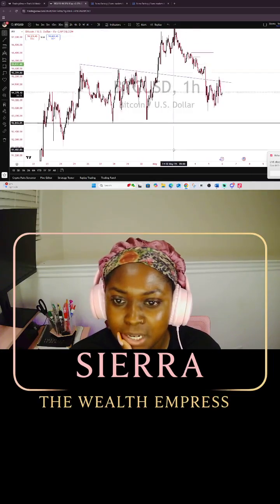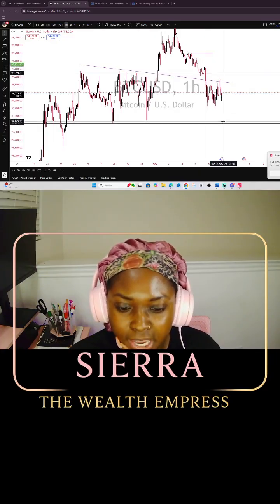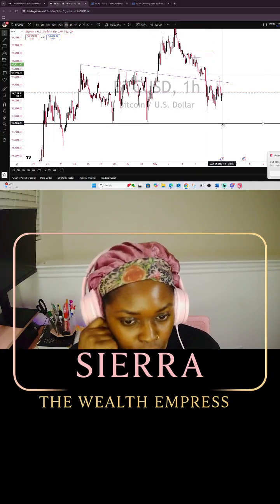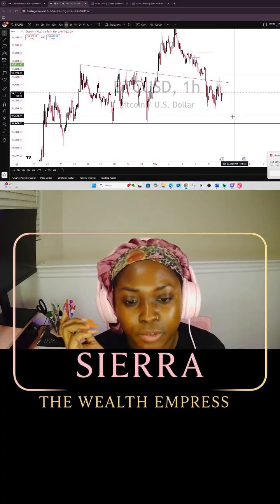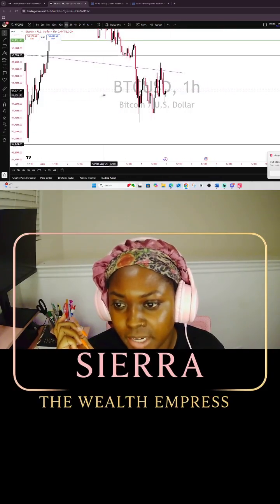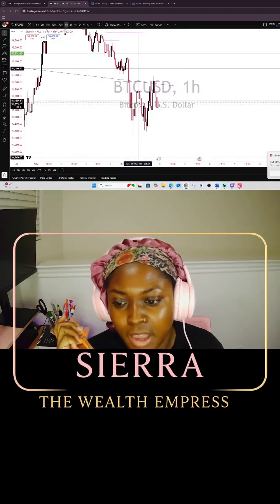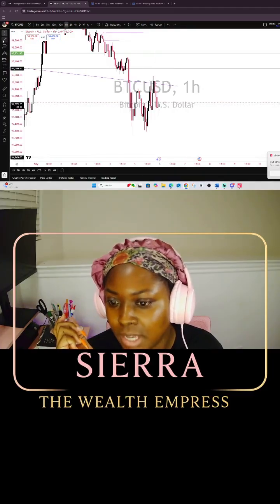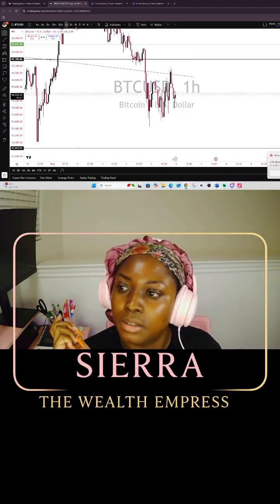It would definitely be nice to see price come back and fill this gap, and then take it down to last week's low. And this pattern right here, this is what you call an upside down flag, right? So you have your flagpole, okay, and then price is moving sideways, and then it's supposed to sell again.